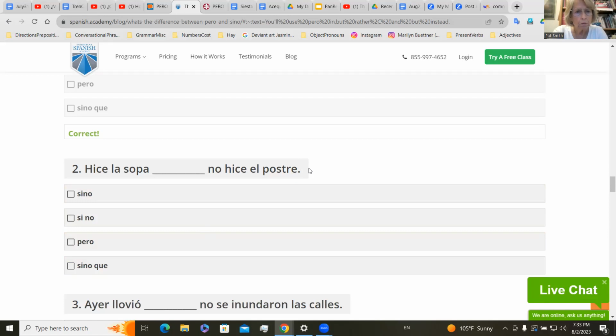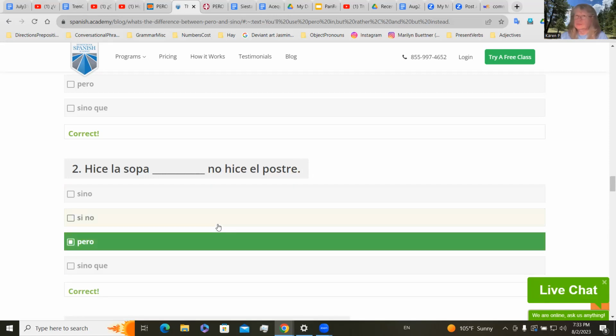Hice, I made. Hice la sopa, I made the soup. No hice el postre. I didn't make the dessert. Pero. And that came out as a knee-jerk reaction, and you're correcto.